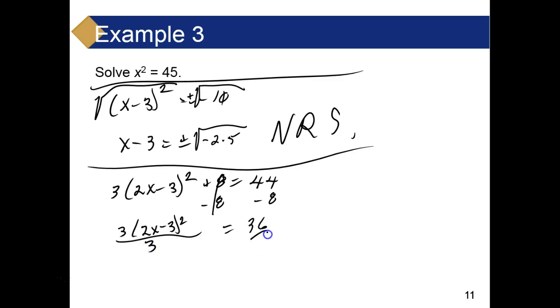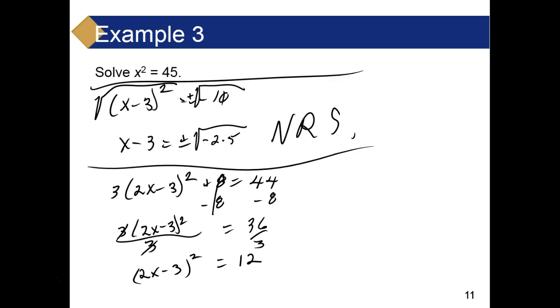I like it. And that gives us 2x - 3 squared is equal to, a little louder? 12. Okay, very good.